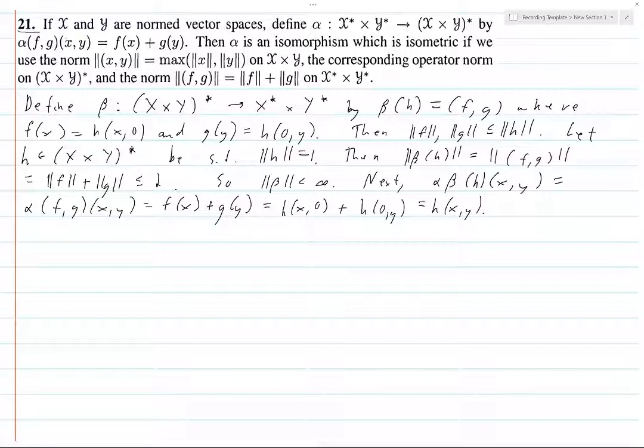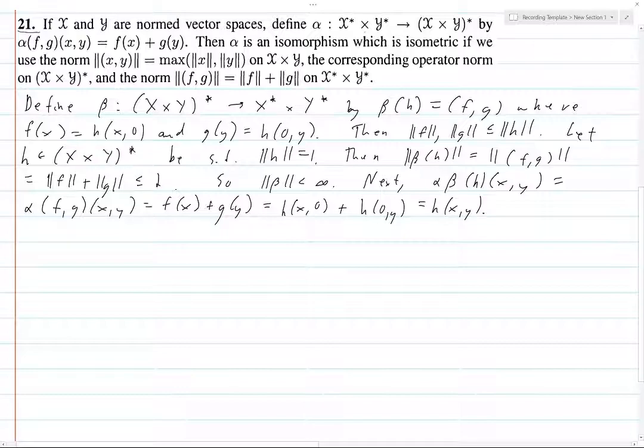And as for beta, beta gives you just a pair of h and this, and then you plug in a linear combination, and you use the fact that f and g live in X star and Y star, and so they're linear, and so you use their linearity.